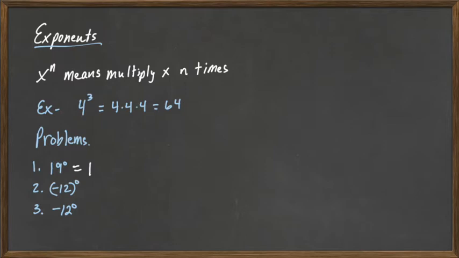Now, if you look at the next two problems, we have negative 12 to the 0 power and negative 12 to the 0 power, and we talked about this in that previous section. When you're dealing with exponents, it's very important that you know what your base is. When you have an exponent, it only applies to the number or letter that it's next to unless you have parentheses. So in negative 4 squared, this first case here, this is actually equal to negative 4 times 4.